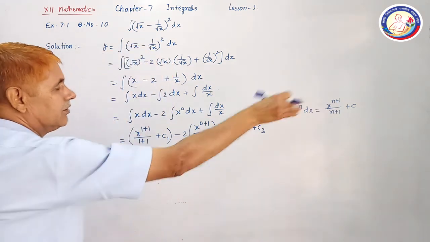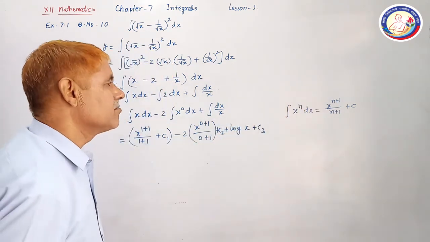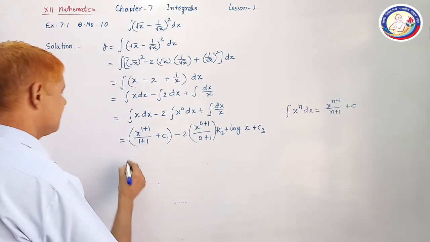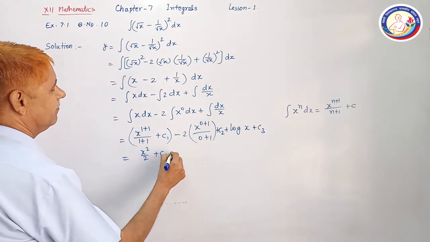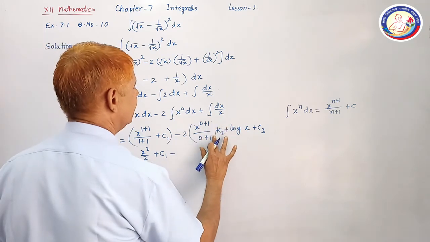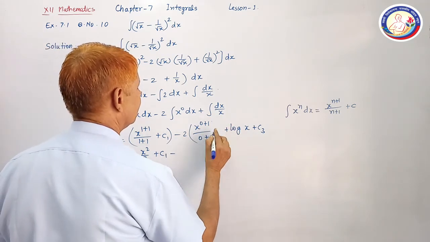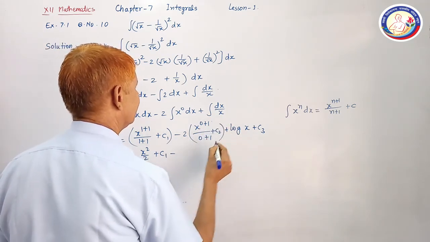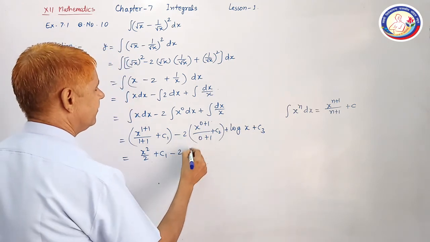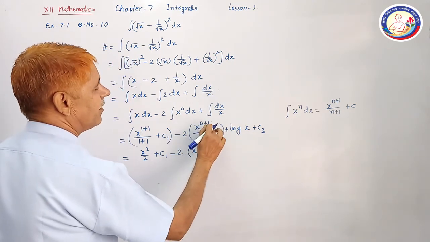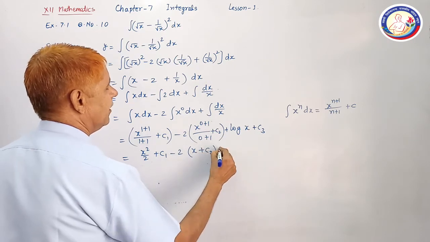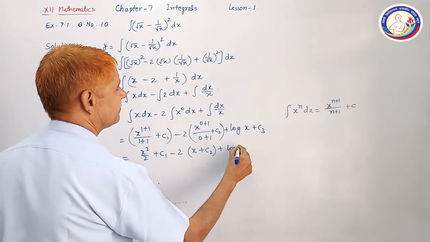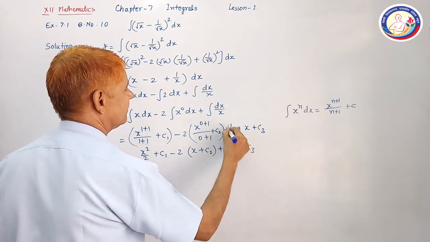Or we can use a single constant of integration. So this will be x square upon 2 plus c1, minus twice of x raised to power 1 upon 1 plus c2, and plus log of x plus c3.